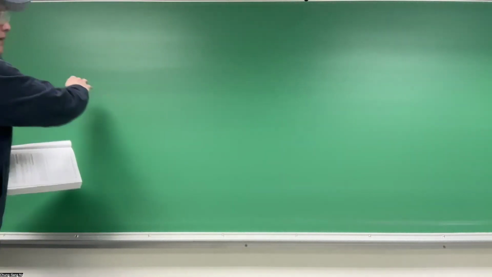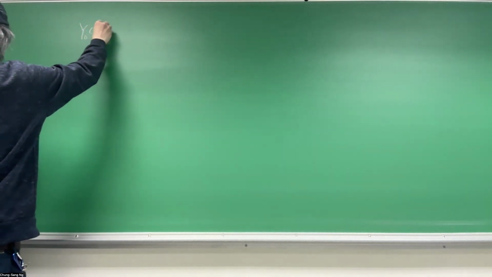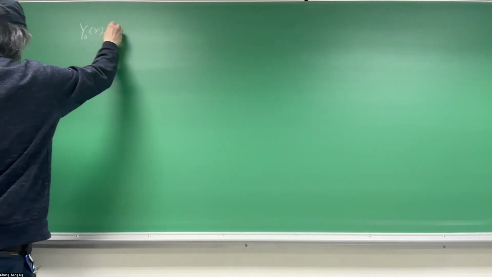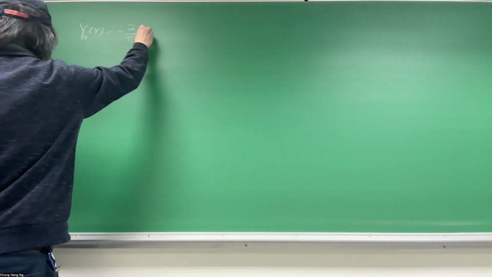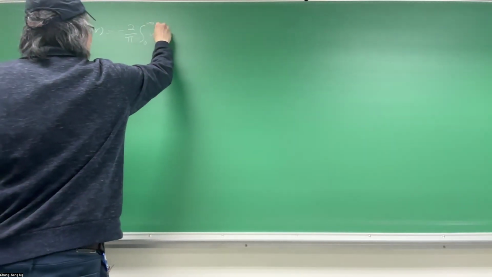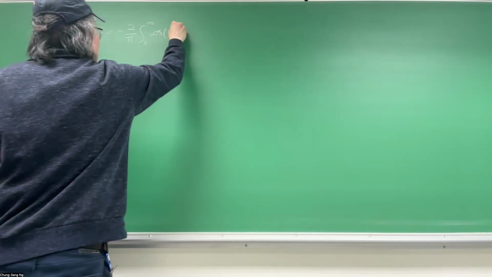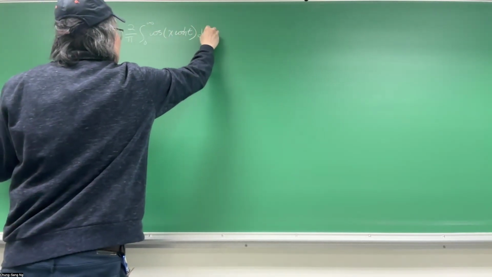In this case, the y sub 0 of x is, we have this minus 2 over pi, the integral of cosine of x cos t dt.